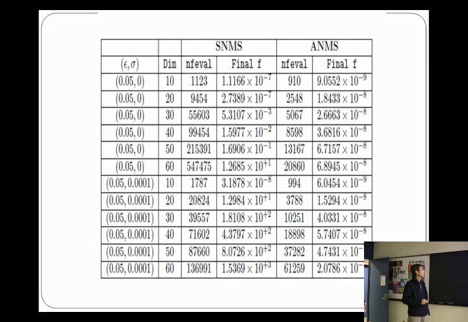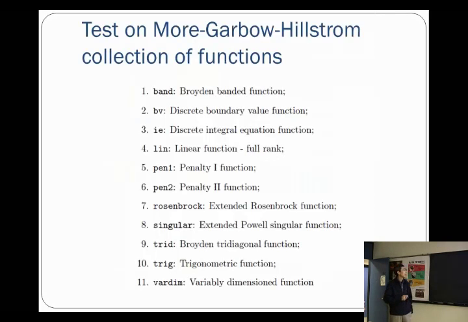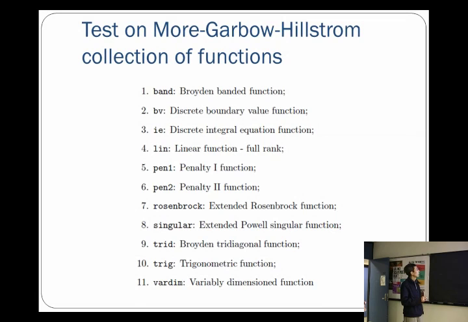But one example does not say too much, because maybe this example is just too suitable for this, not for that. So what we did, we tested 11 more standard test functions. This is a famous collection of test functions for unconstrained optimization problems. This collection was introduced by Moré, Garbow and Hillstrom in 1981.